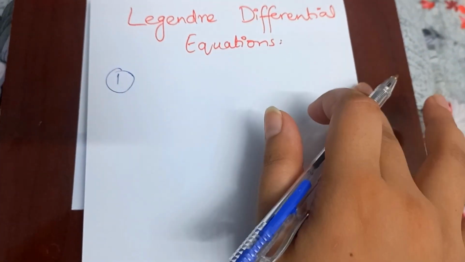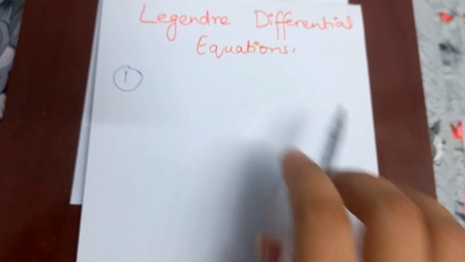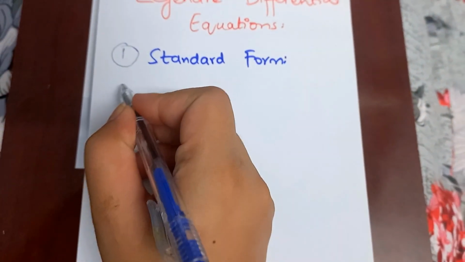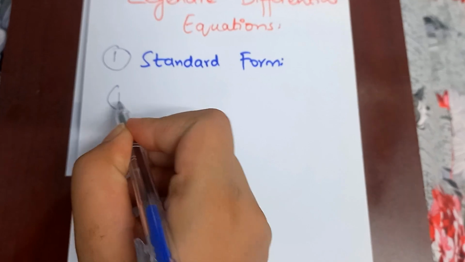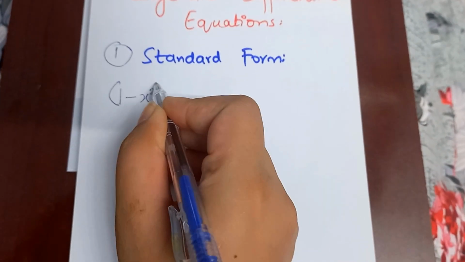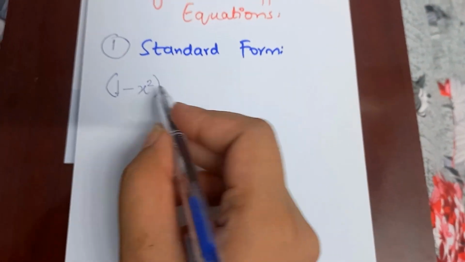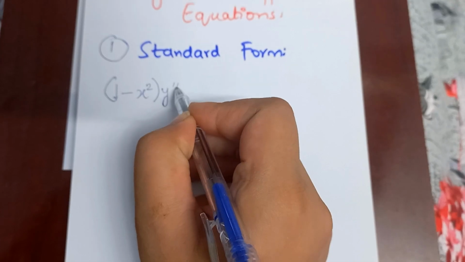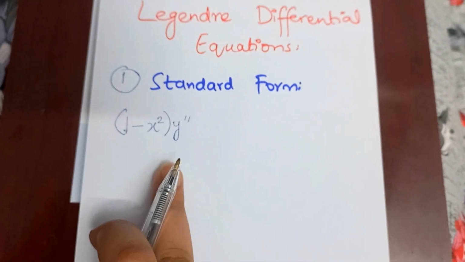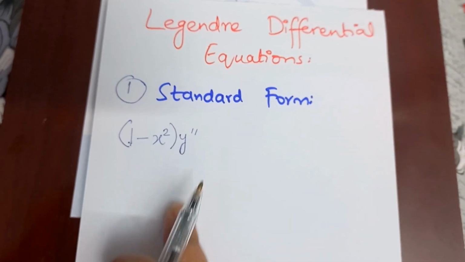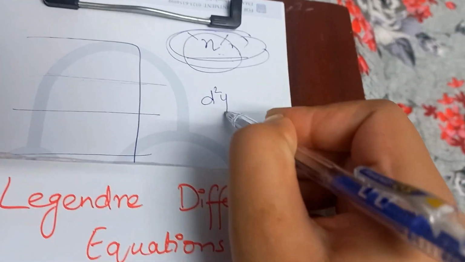The standard form of the Legendre differential equation is, you write this on your own, 1 minus x square, y double prime. Y double prime means it's a double derivative of y with respect to x.